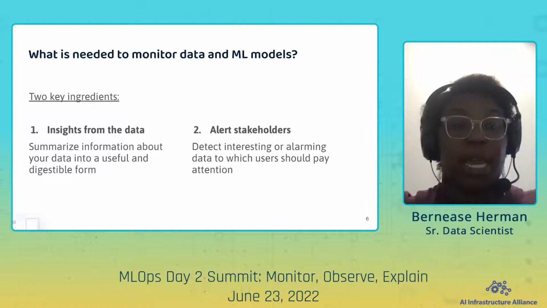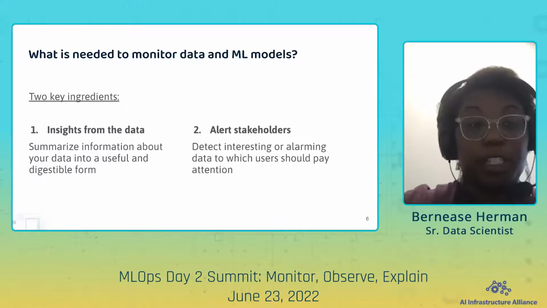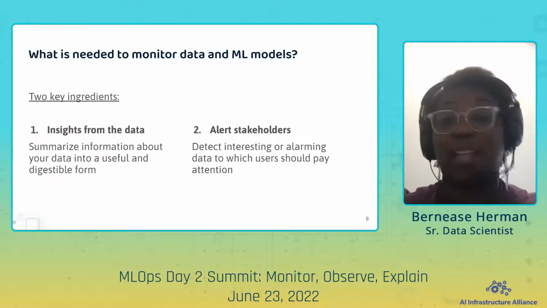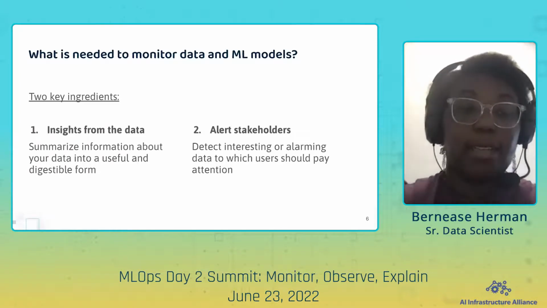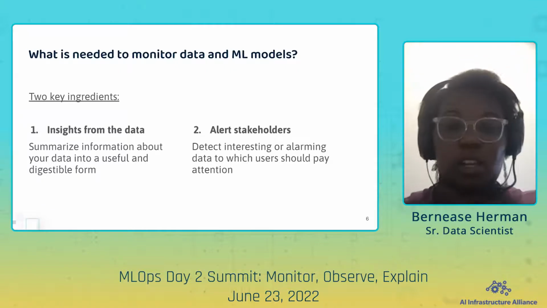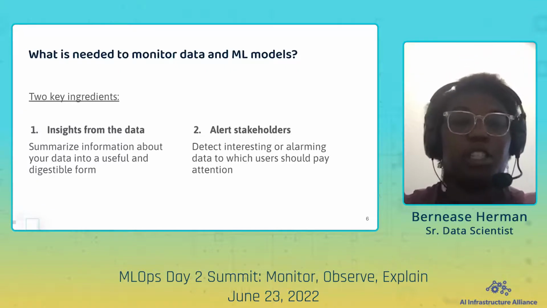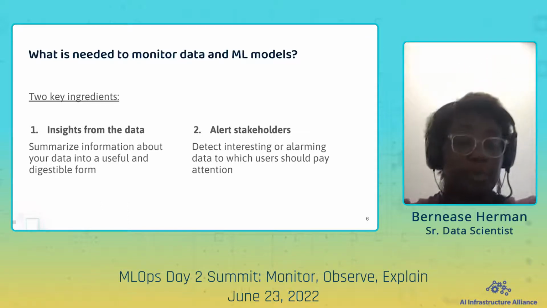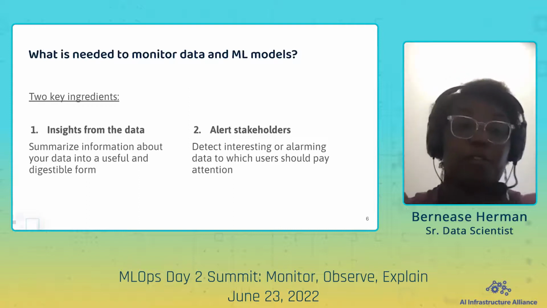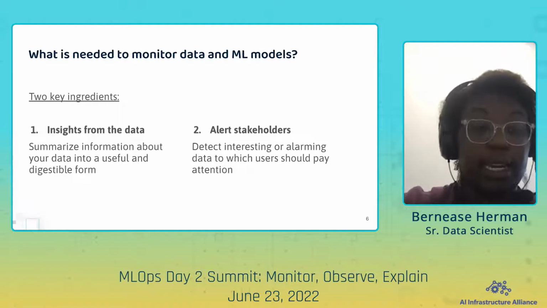So while you may have some way to summarize information, presenting that on its own is not quite enough because there's lots of information even after summarizing. And what you often want to do is detect interesting or alarming data to which users should pay attention. Both of these will change a bit when we're going from structured data to unstructured data.